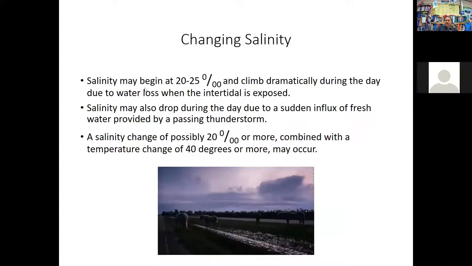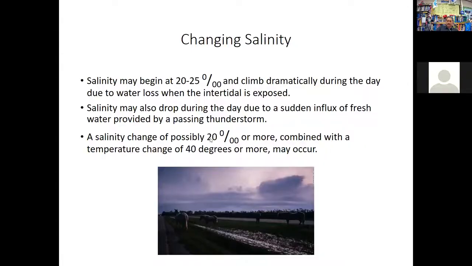I think I've already said some of this: salinity may begin at 20, 25 parts per thousand and climb dramatically during the day due to water loss when the intertidal is exposed. Salinity may also drop during the day due to the sudden influx of fresh water provided by a passing thunderstorm. That's an isolated event, but it certainly could happen.